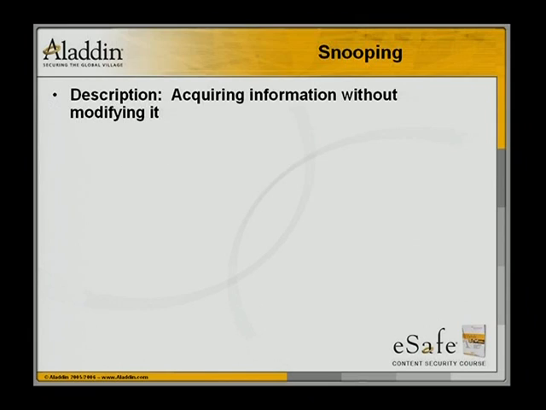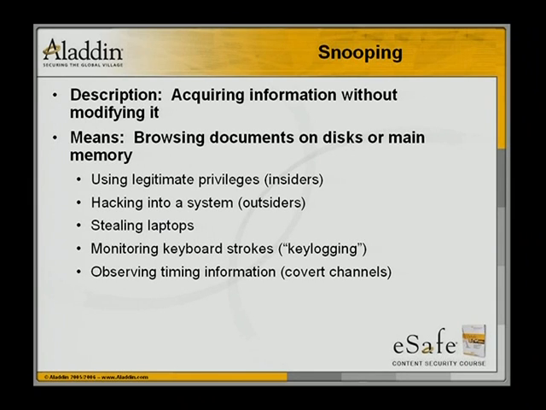Another type of hacker method is snooping. Snooping basically means acquiring information without modifying it. It's like sniffing, but it's not really network-related sniffing. It means that I'm browsing documents on disk or main memory. Let's say I get access to a computer, or from the network, I log on to another computer.